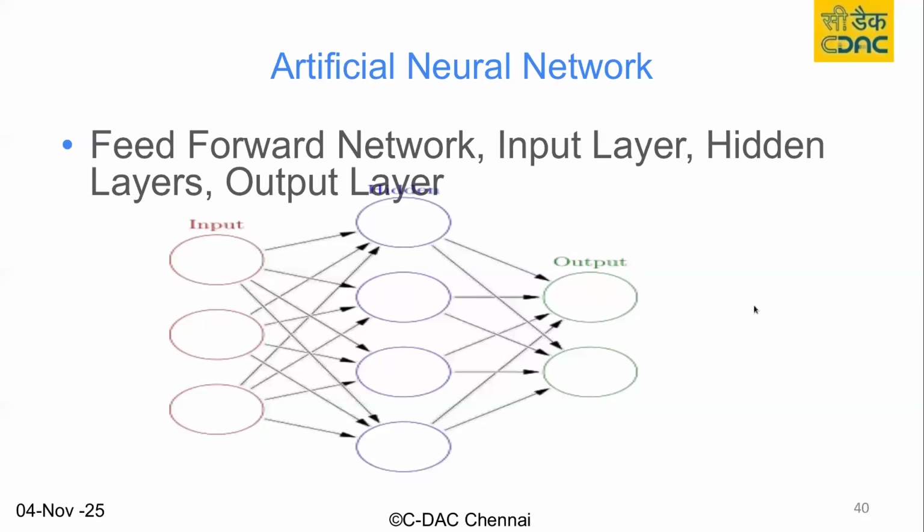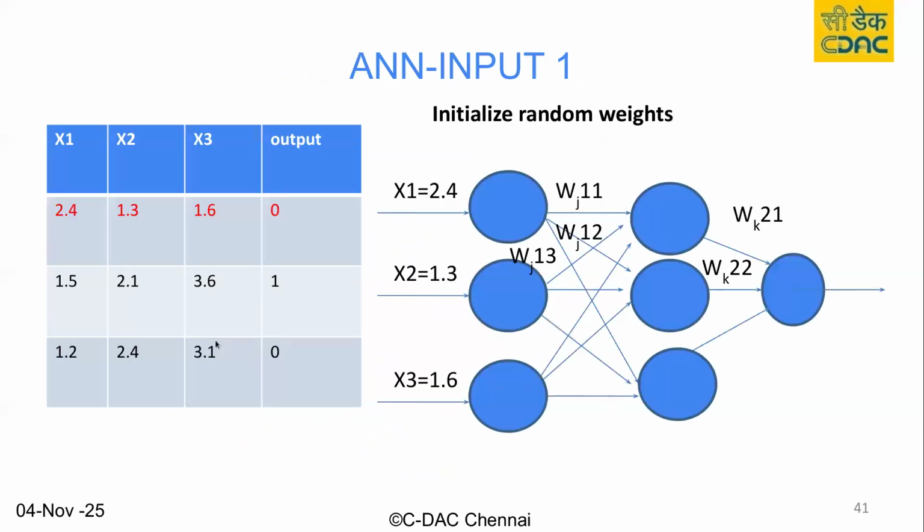Generally, output neurons will predict the probability. Suppose we are doing a classification problem to find out whether an X-ray is normal or abnormal. This neuron will predict the probability of normal, and this neuron will predict the probability of abnormal, provided the input X-ray image matrix is provided to the input neurons. That's how a neural network works.